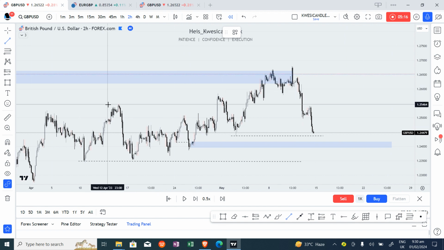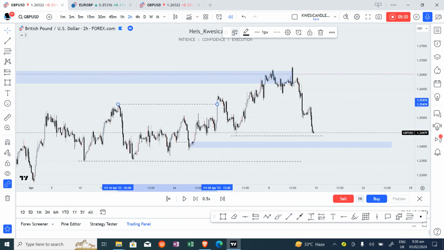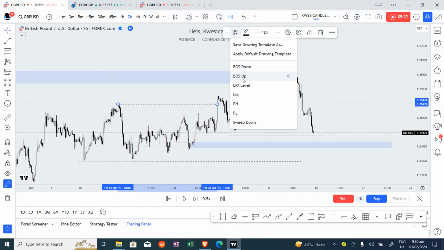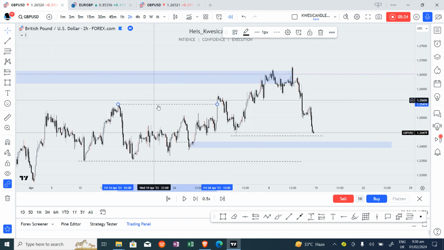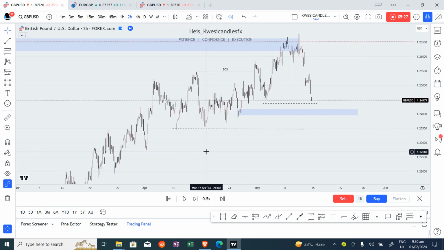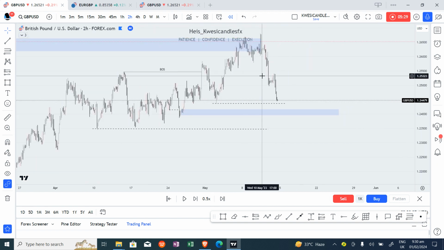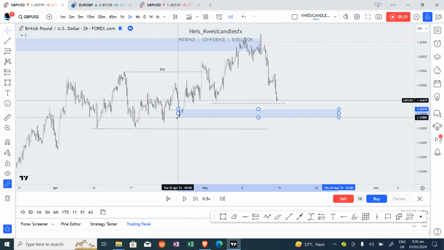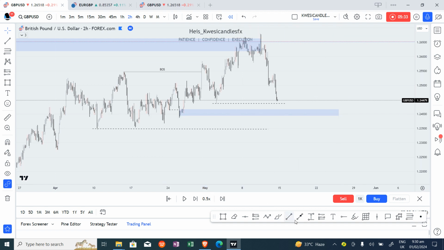Then my breakup structure is this place. My breakup structure is this place. So you can see I'm expecting the price to come and react from these areas, then we continue on the upside movement.